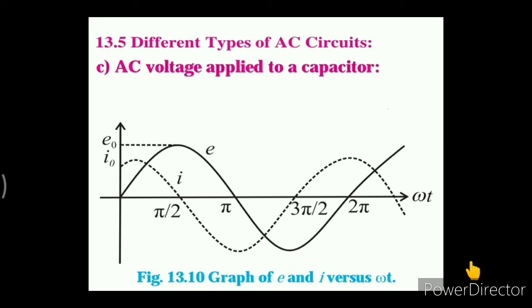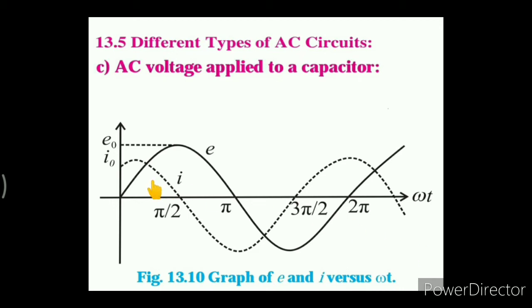So it is very clear to us that the current leads the EMF or voltage by pi by 2 radian, or in other words we can say that the EMF or voltage across the capacitor lags behind the current by the phase angle pi by 2 radian.